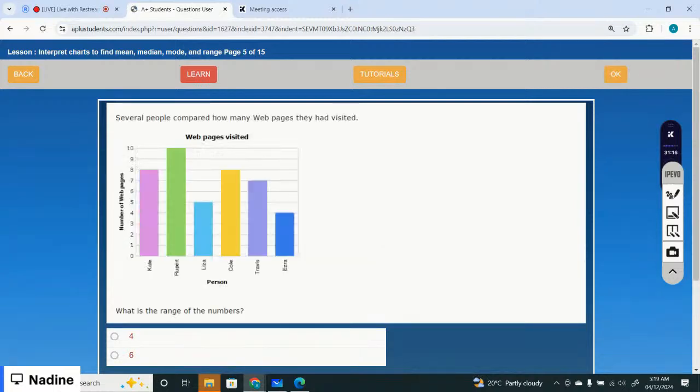Several people compared how many web pages they had visited. What is the range of the numbers?